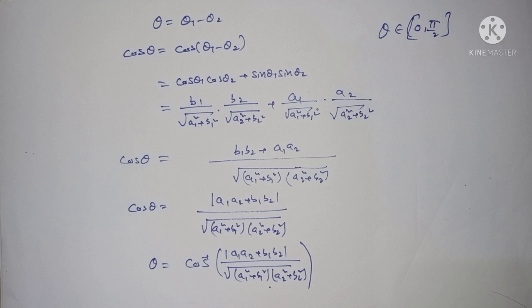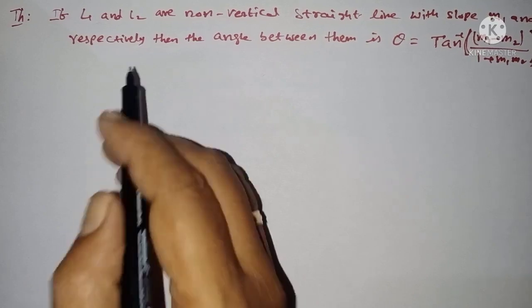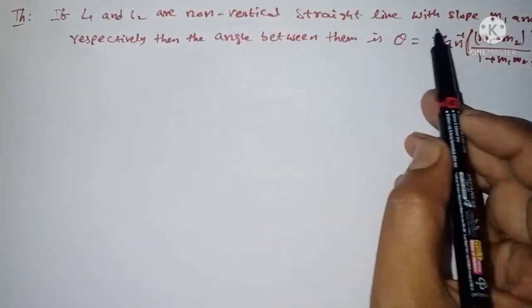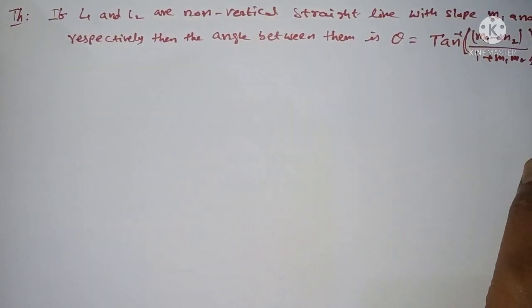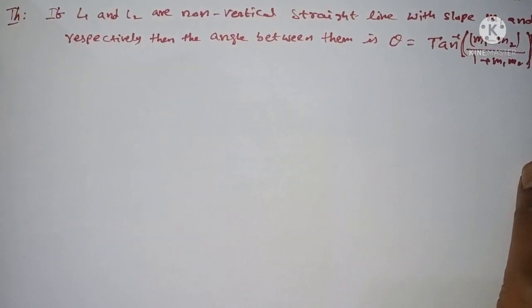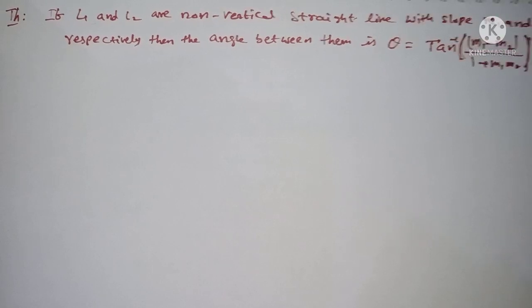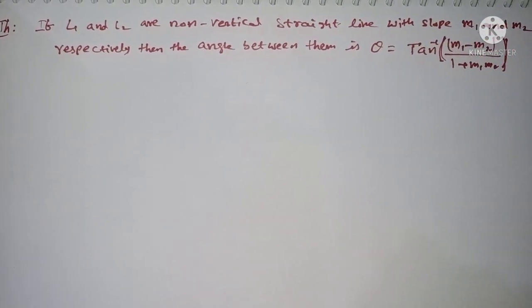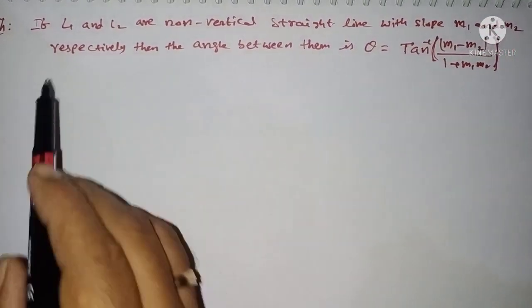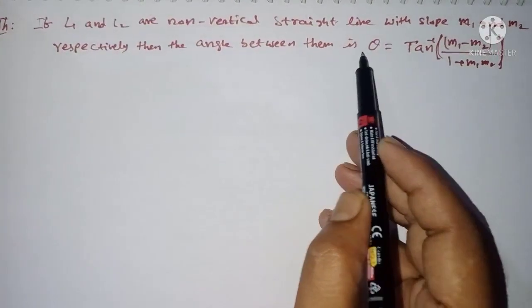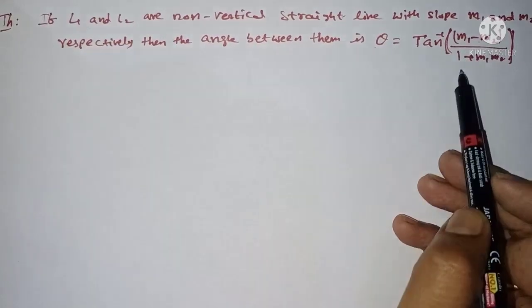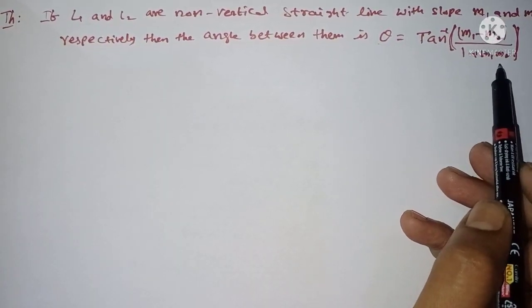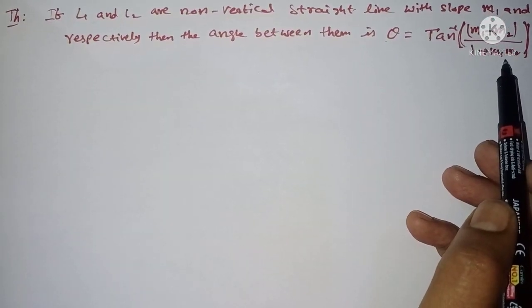Next, if L1 and L2 are non-vertical straight lines with slopes m1 and m2 respectively, then the angle between them is theta equal to tan inverse of m1 minus m2 by 1 plus m1 m2. You have to prove this.